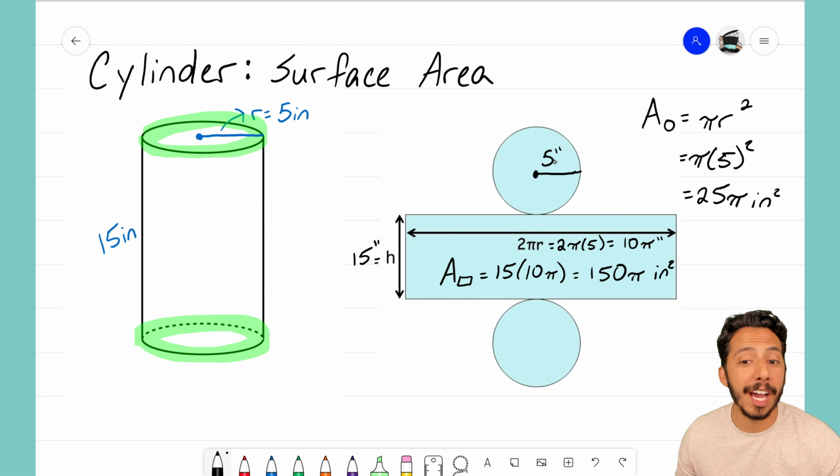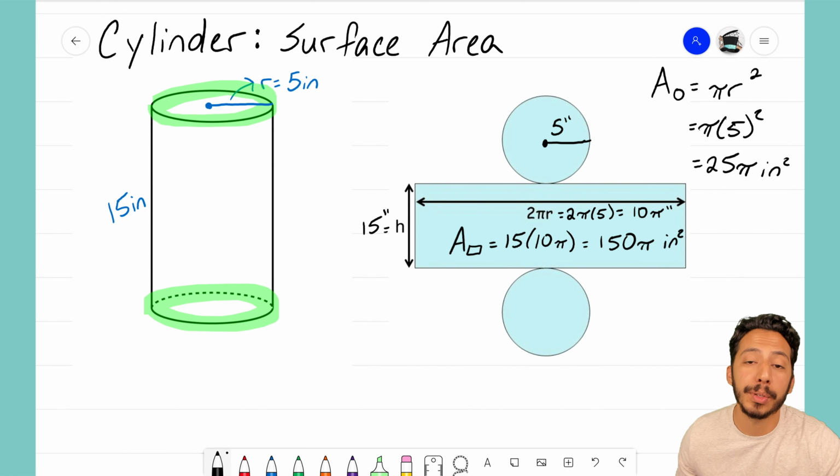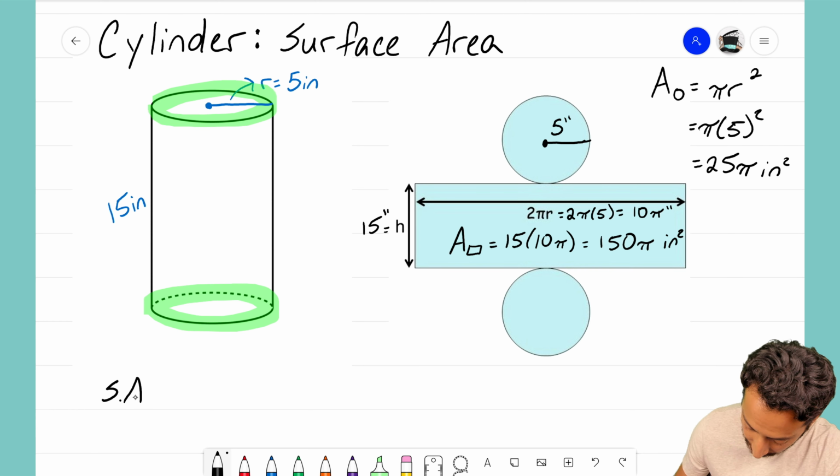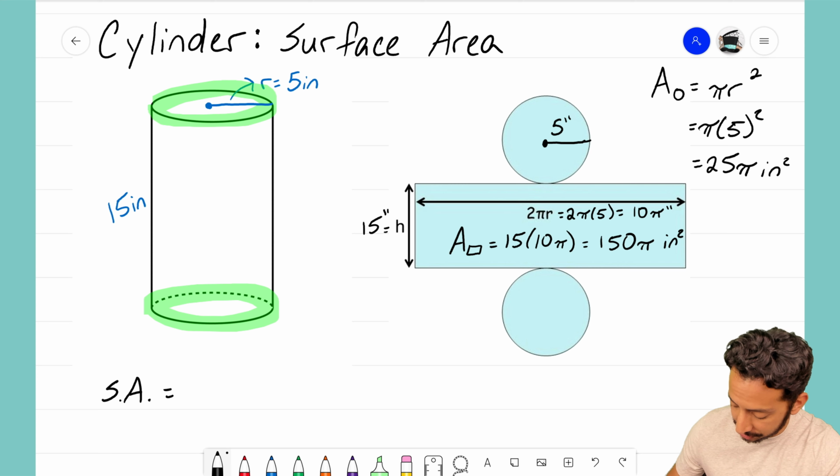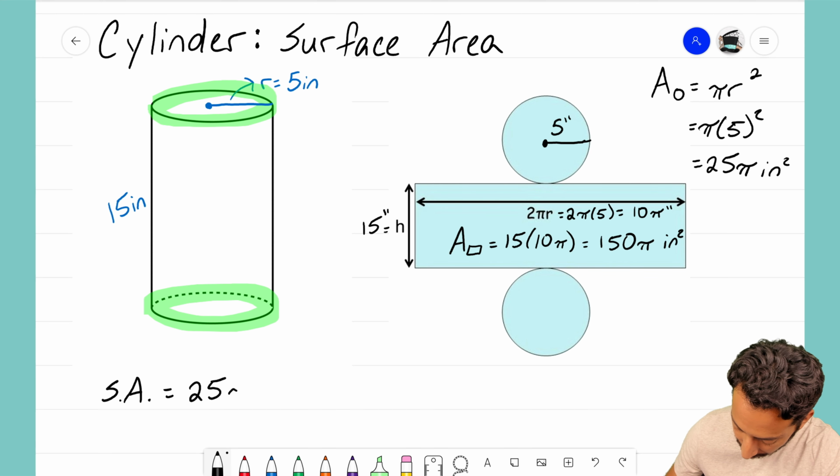I know the area of the top and the bottom circle, and I now know the area of the side wrapping around the cylinder. I can finally determine what the surface area is just by taking the area of both circles, each of them being 25 pi.